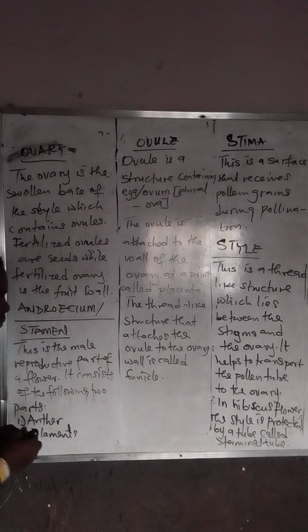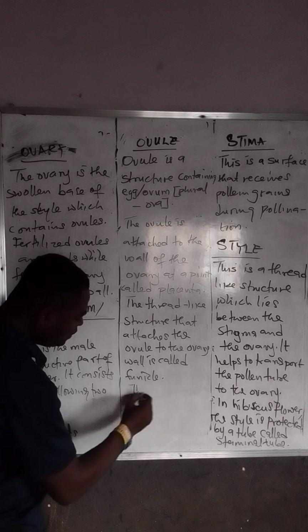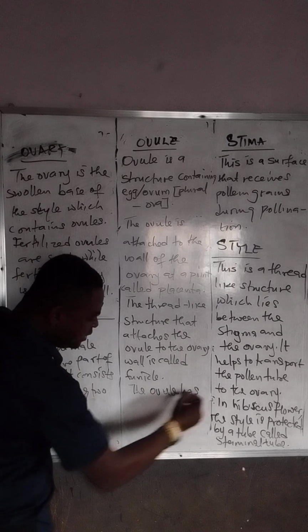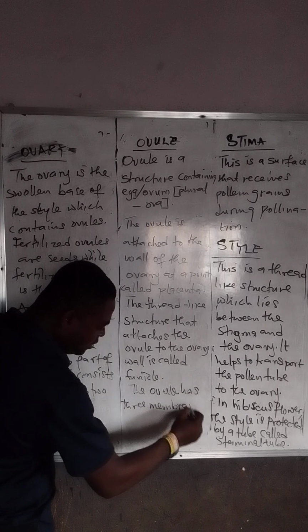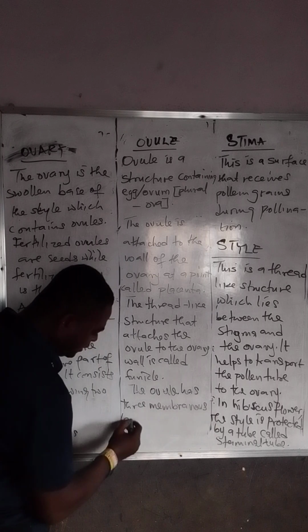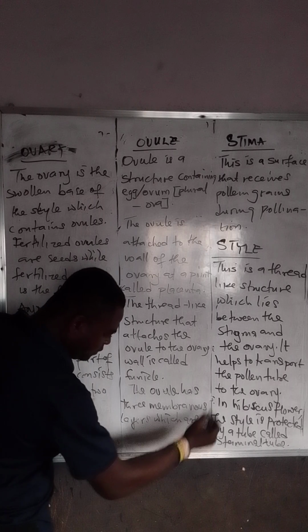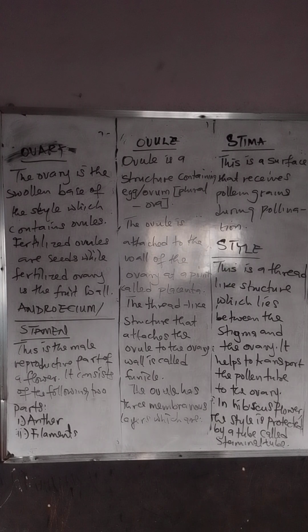It's called funicle. Now, the ovule has 3 membranous layers. The ovule has 3 membranous layers.